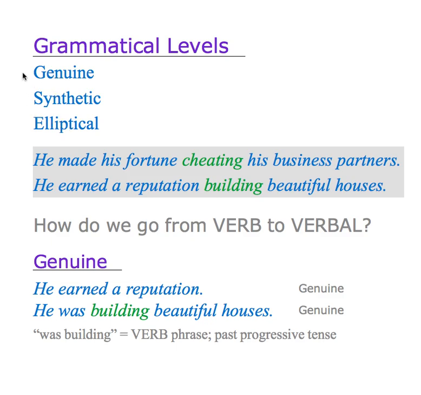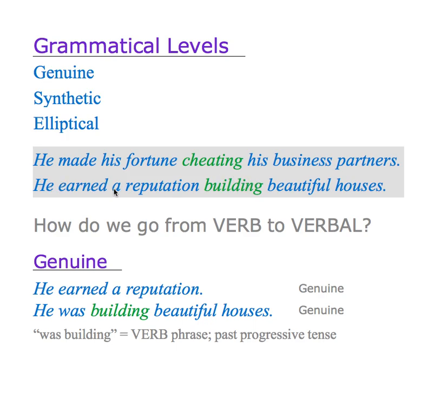I try to always consider these when I look deeply into something. So let's look at this form of sentence I just presented. Let's look at a different sentence. He made his fortune cheating his business partners. Okay, here's your verb form, but it's not a verb. It's trying to be a verbal. All right, so now we're back to the original puzzle question. What is this? What is building in this sentence?